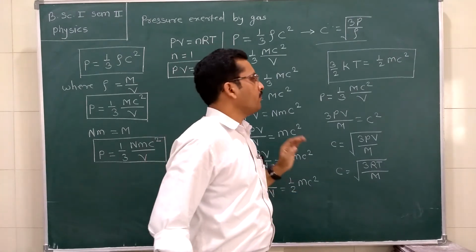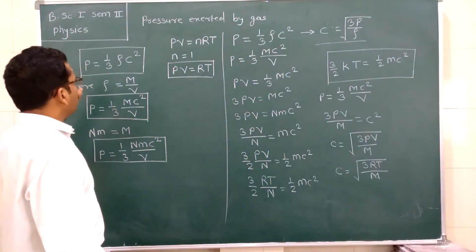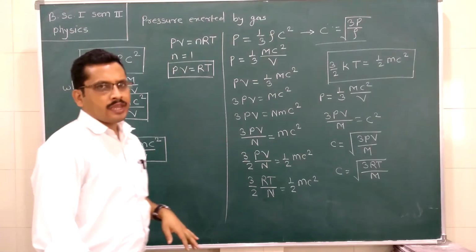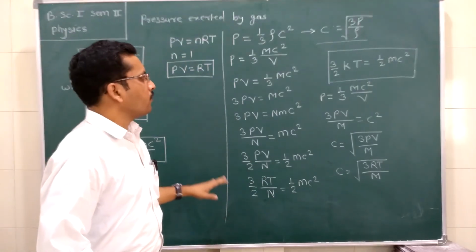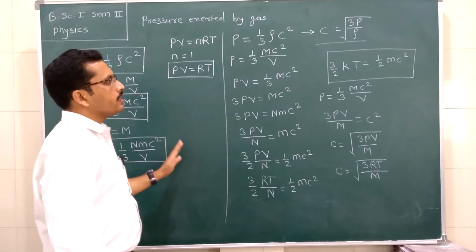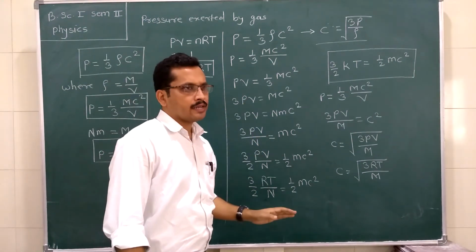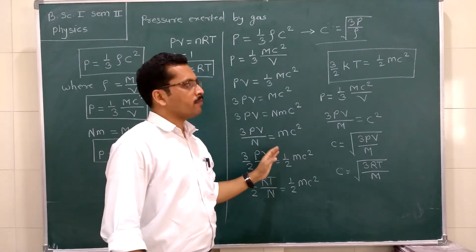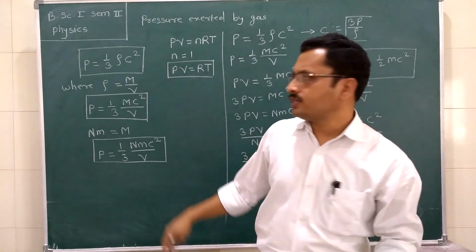So in this way we can say that the pressure equation, P is equal to 1 by 3 rho c square, is a very important equation, because from this equation we can derive the other relations for RMS velocity, for the kinetic energy per mole, per unit mass, and all other equations.